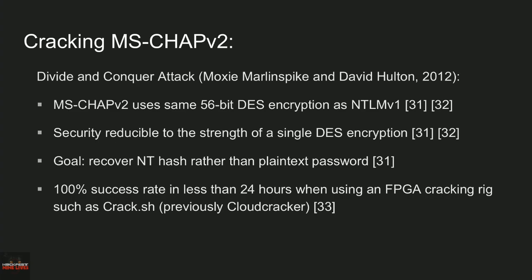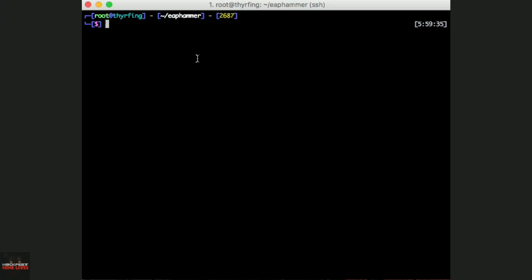In fact, with their FPGA-based cracking rig, they can do it in under 24 hours with a 100% success rate, regardless of the length of the password. So to summarize, with EAP-PEAP and EAP-TTLS, you can force devices to connect and authenticate with you, and then once you get the hashes they send you, you can crack them very quickly due to cryptographic weaknesses.